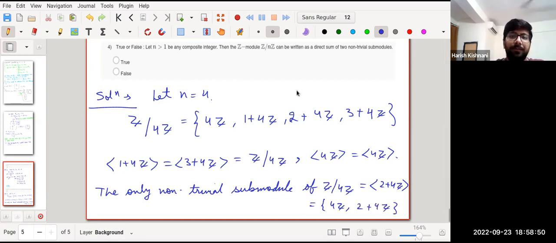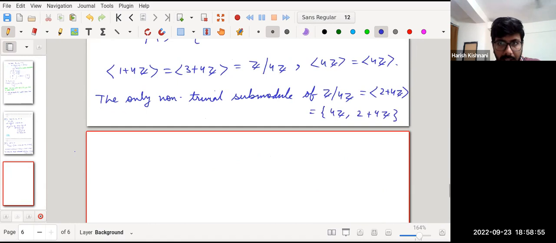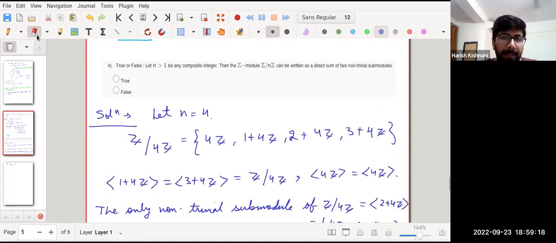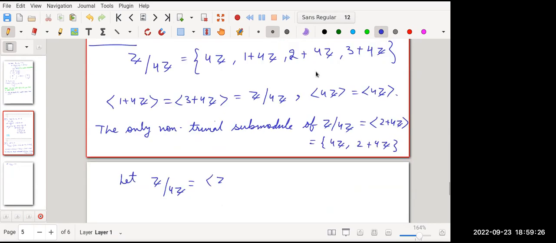Let's say you write Z modulo 4Z as a direct sum, but for a direct sum you need the intersection to be trivial, right?